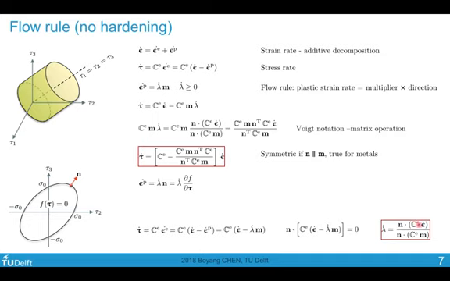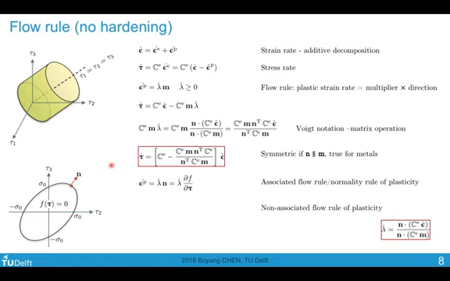And since we now know m equals n, we can calculate the lambda dot, and we obtain the full expression of epsilon p dot. As I mentioned, this is the so-called associated flow rule of plasticity. This is basically to say that the plastic flow direction is associated with the normal direction of our yield surface, or the gradient of our yield surface. For von Mises criteria, this would be in the same direction as our stress tensor.